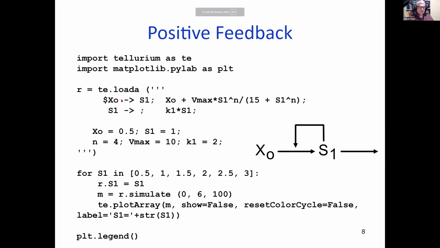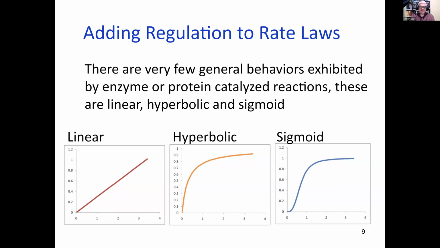Okay, so what's causing this? Why is it that we have bistability here? Now, if you look at some basic behaviors of enzymes and proteins, they often boil down to just 3. What I've plotted here is the rate versus some input, like a substrate concentration or a ligand on a membrane receptor. You basically only see largely 3 kinds.